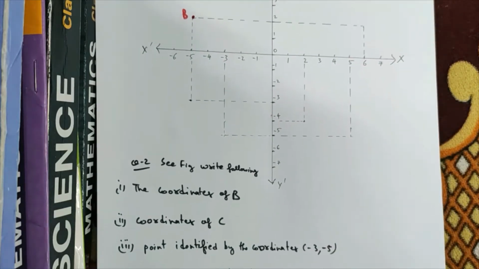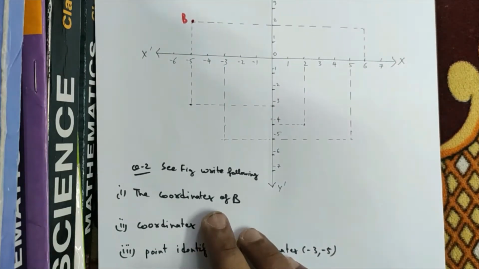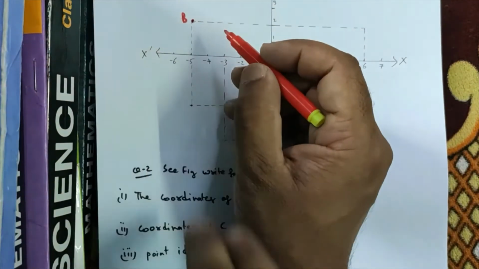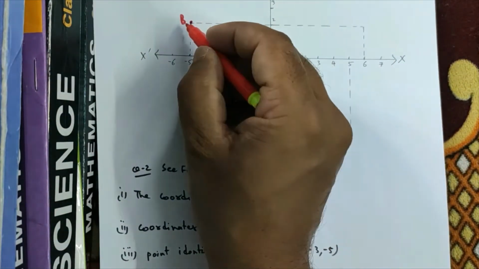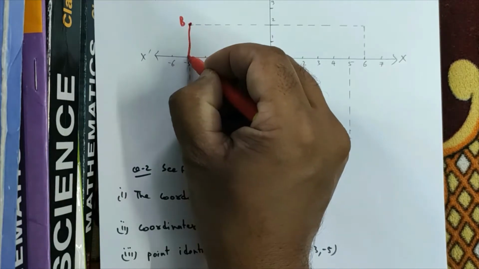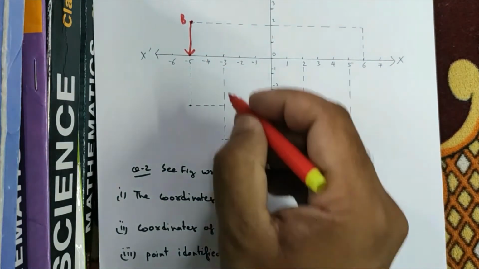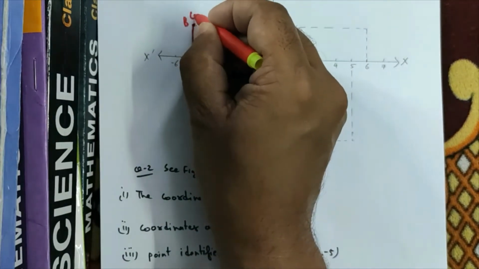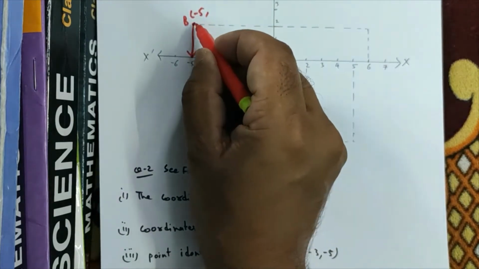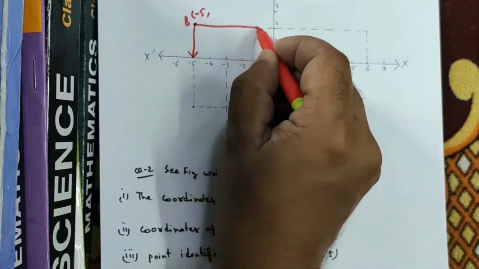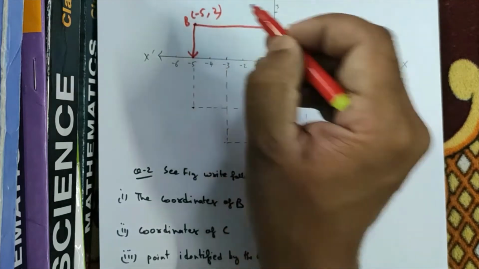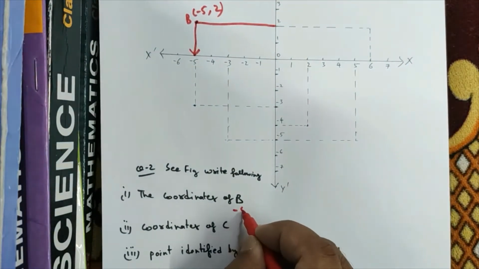So first we have to find out the coordinate of B. You can see that the corresponding x coordinate is -5 and the corresponding y coordinate is 2. So it will be minus 5 comma 2.